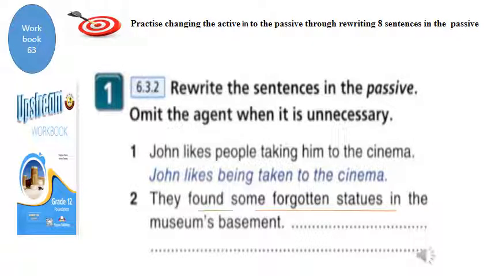Found is a verb in the past. Then I have to think of were or was. And here I have some forgotten statues. This is plural. Then I have to use were. Were and the past participle of the verb found is found itself. Then the sentence is going to be: Some forgotten statues were found in the museum basement.